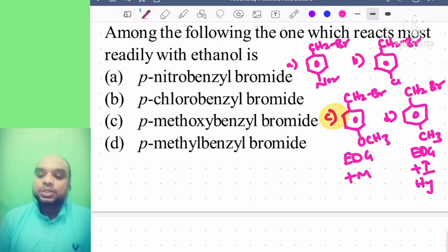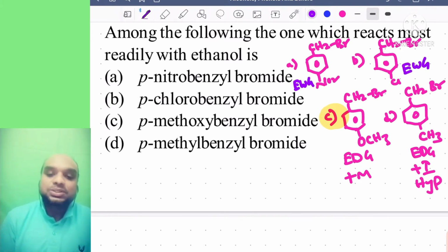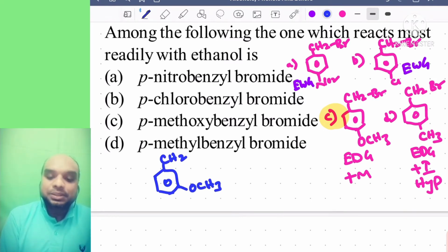The plus mesomeric effect is more effective than hyperconjugation or the inductive effect. So the electron donating nature is greater, and the carbocation is more stable. The NO2 group is electron withdrawing, and chlorine is also electron withdrawing. So the more stable carbocation is given by the OCH3 and CH2+ substance.